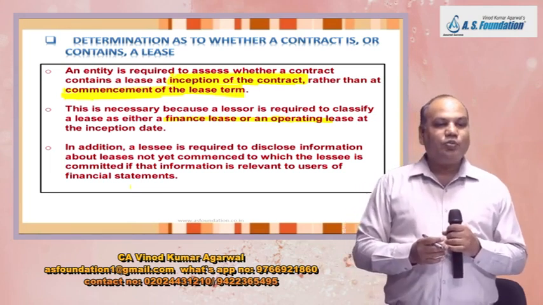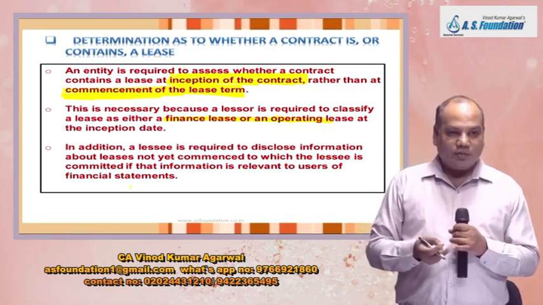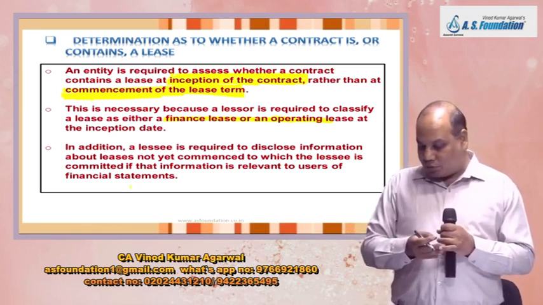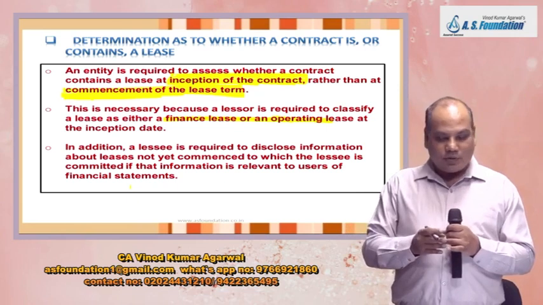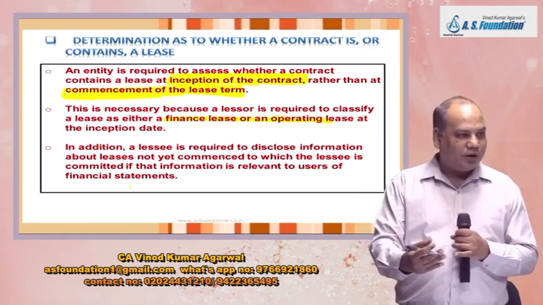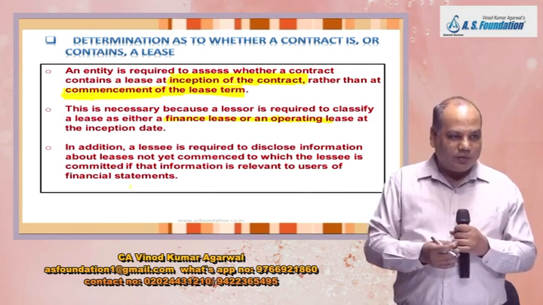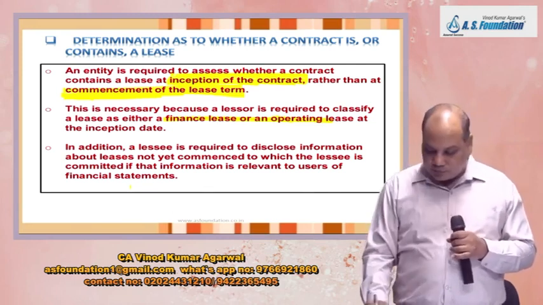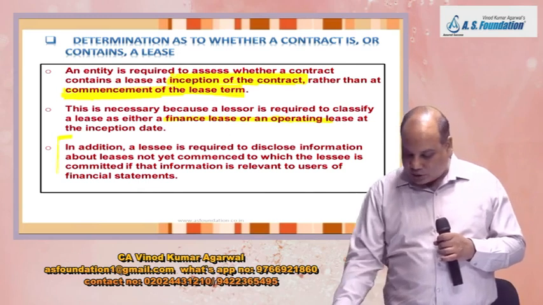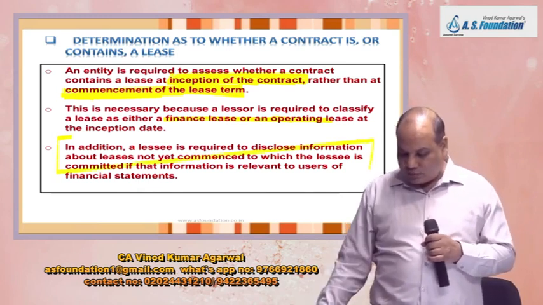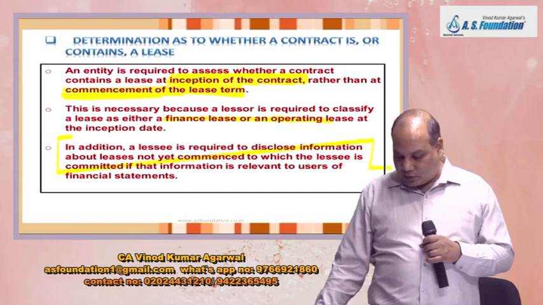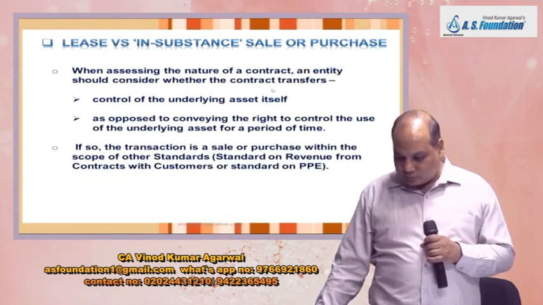So in that case, you may have to give disclosures about the leases where inception is over but commencement is not yet started. So disclosures will be required. This you will see in the disclosure part.